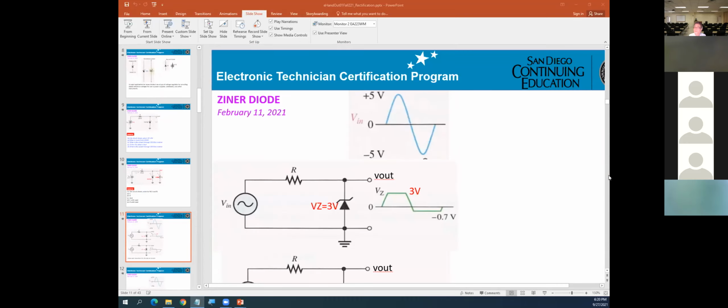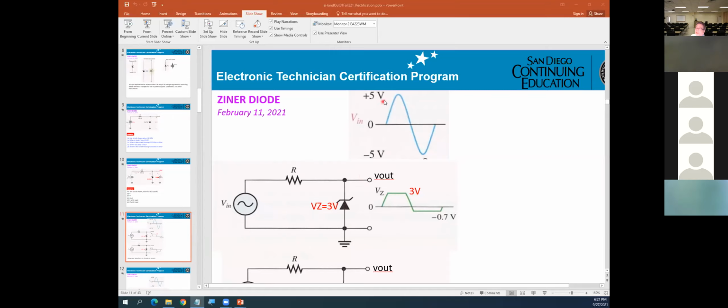Okay, now, next one. They apply a sine wave to the circuitry. You can see this is the sine wave. Now, when the input is positive, what is the output supposed to be?